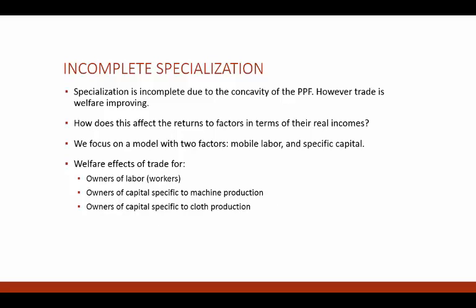A different type of capital is required when trying to produce machines. As a result, we shall be interested in a number of outcomes. First, what trade does to the owners of labor, that's the workers, and then to the owners of capital specific to machine production, and finally to the owners of capital specific to cloth production.